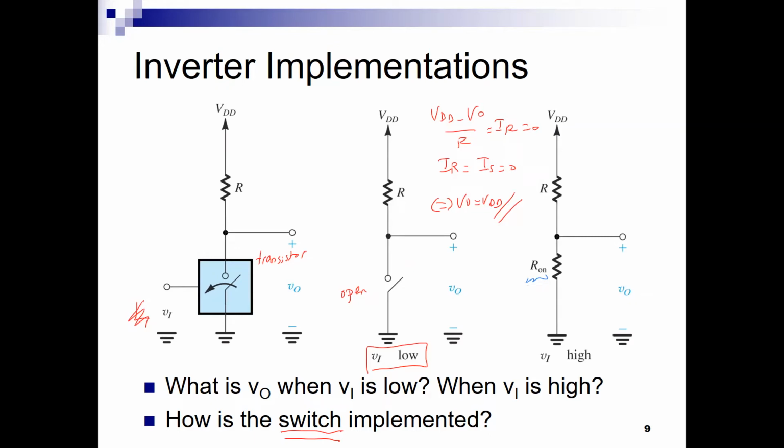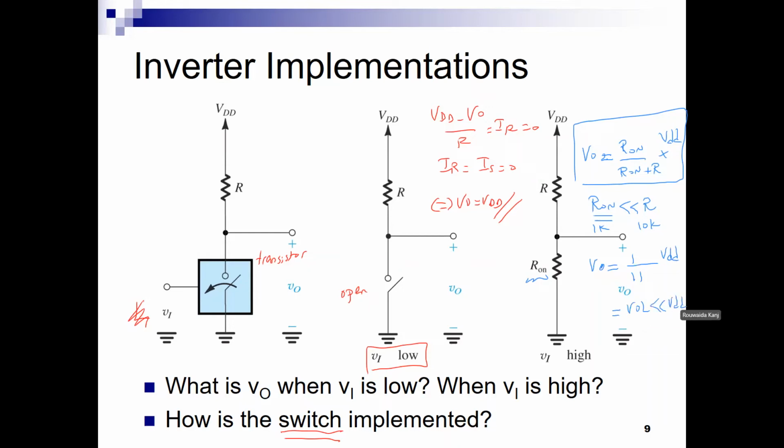So in this case, VOUT turns out to equal R on over R on plus R times VDD. Now we want the condition that R on is smaller than R, so let us say this is 1K and this is 10K. Then VO equals 1 over 11 times VDD, so VOUT is smaller than VDD. So we want R on to be small, for example, so that we can get an output low.